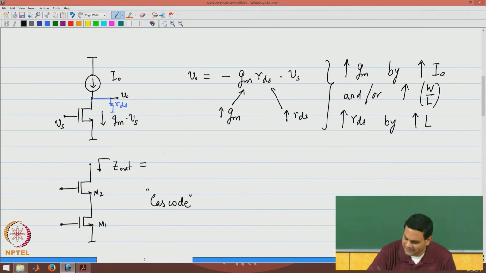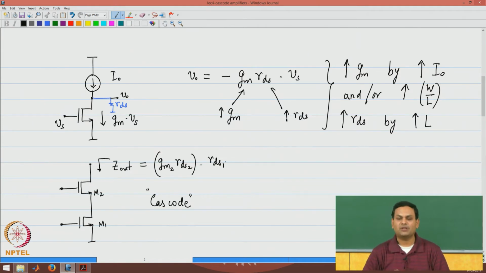The output resistance of this circuit is GM2 RDS2 times RDS1. It can be shown that this is the output resistance. In other words, the output resistance of M1 gets amplified by the intrinsic gain of M2. So, now this is one way to increase the output resistance of the circuit.